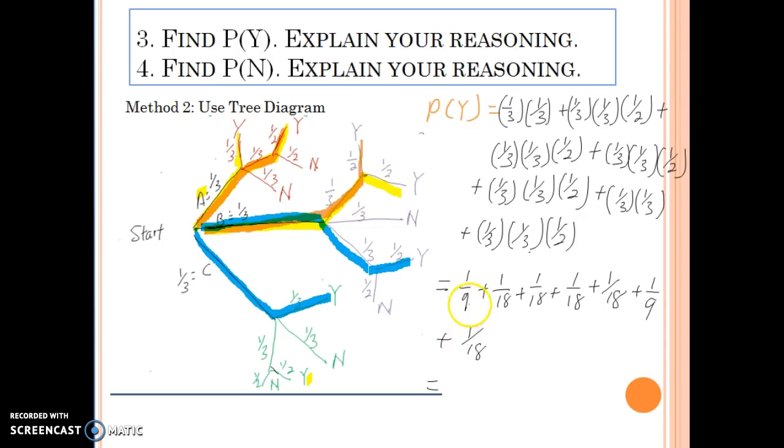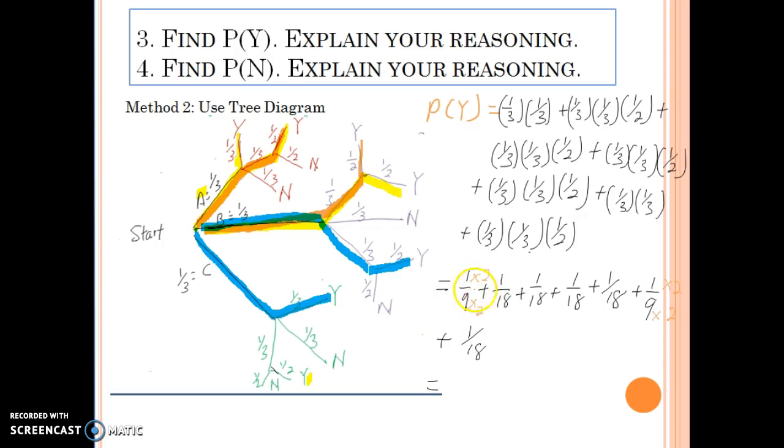So I can just multiply by 2 on the denominator that's 9, to make it equal to 18. So this is 2.